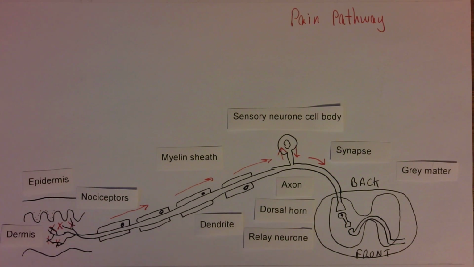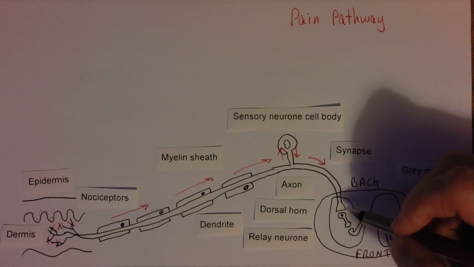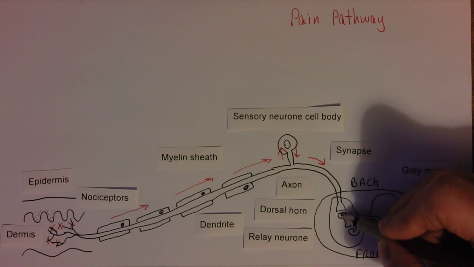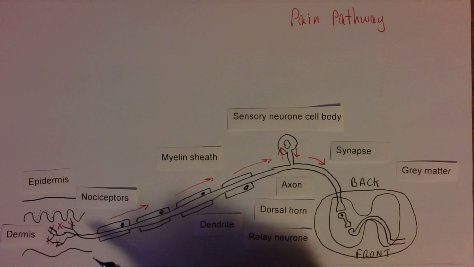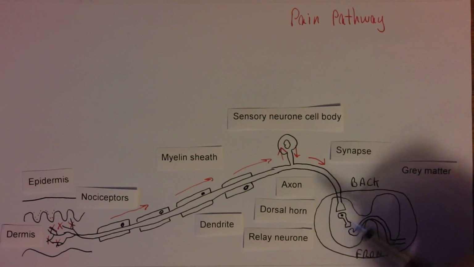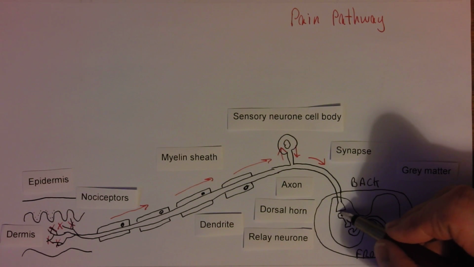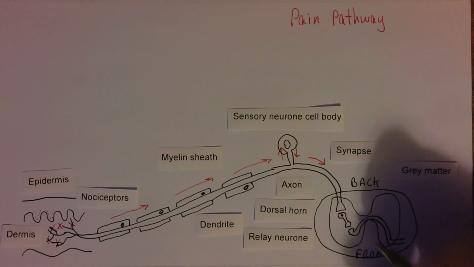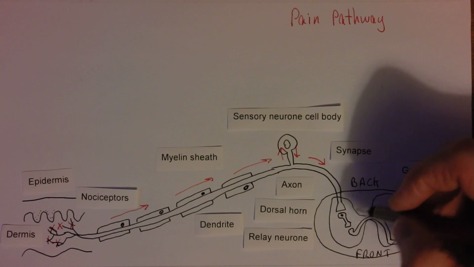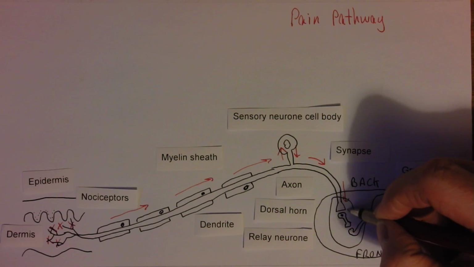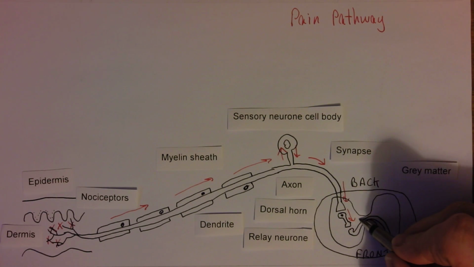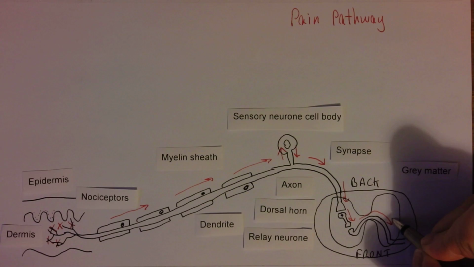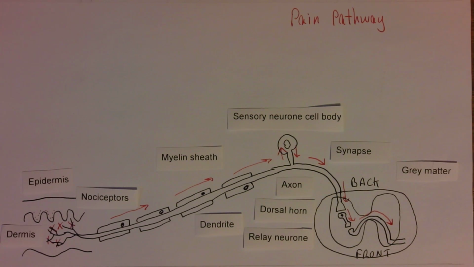So the impulse is going to go from that neuron there, across that synapse. Now here the impulse is electrical. Here the impulse is chemical across the synapse. Then across that second synapse there as well. So the impulse is now going this way. And we notice that the impulse has now gone across the spinal cord. Because it's always one side of the body that feels the other side.